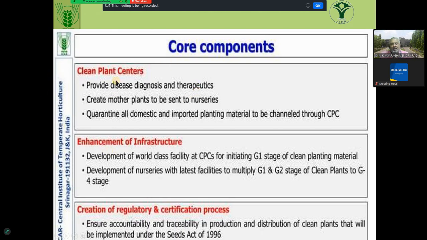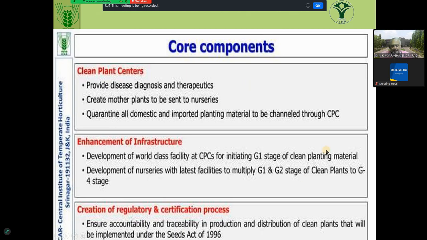So everywhere, suppose IIHR is a clean plant center, we have disease diagnosis and therapeutics, whether it has a viral infection like tomato leaf curl virus or so many other viruses which cannot be removed after the seed. Now, in case of tomato seeds, when you produce them, you have to use a net in the nursery, otherwise the Bemisia tabaci or whitefly, which is a vector, is going to spread the tomato leaf curl virus.